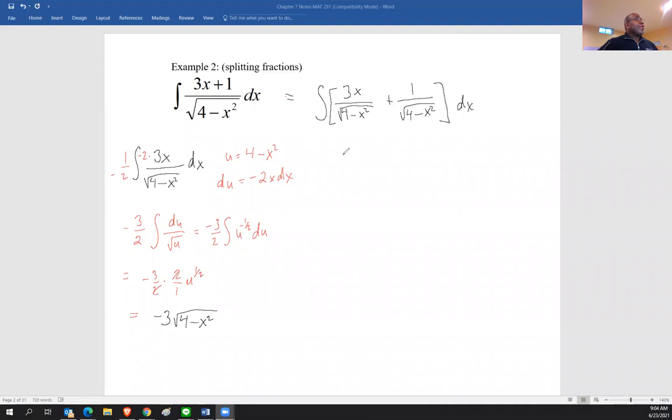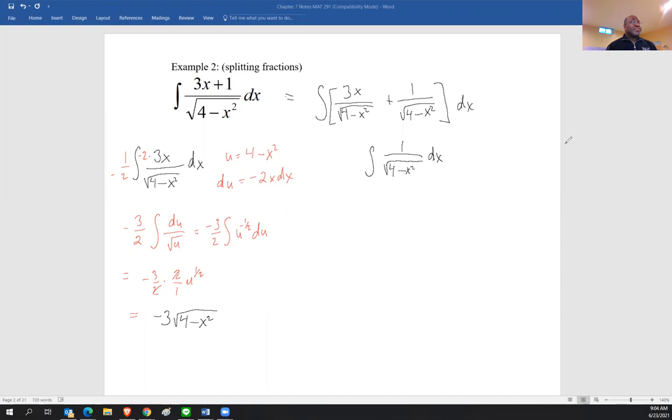Now for the second part, we have 1 over the square root of 4 minus x squared dx. So now if you look at this, you may recognize it has the same form as one of the inverse trigonometric functions, namely the inverse sine.